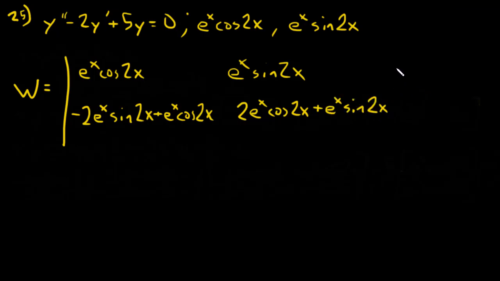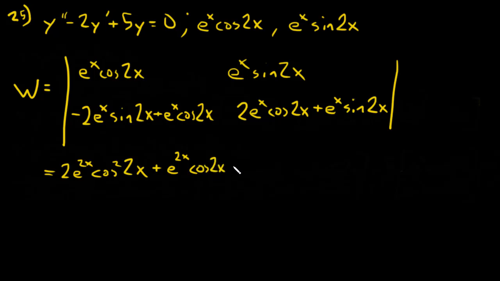Okay? So the determinant of that, well, when I multiply this times this, I'm going to wind up with 2 e to the 2x cosine squared 2x. That's that times that term. Now this times this term is going to give me plus e to the 2x times cosine 2x sine 2x.